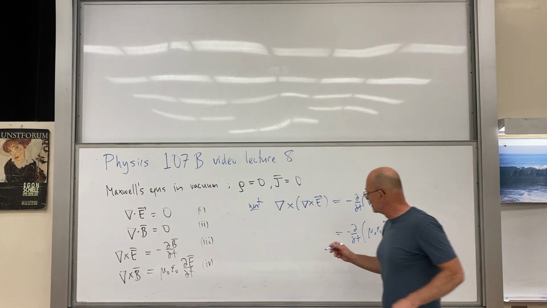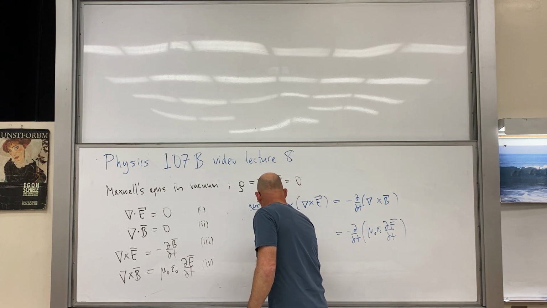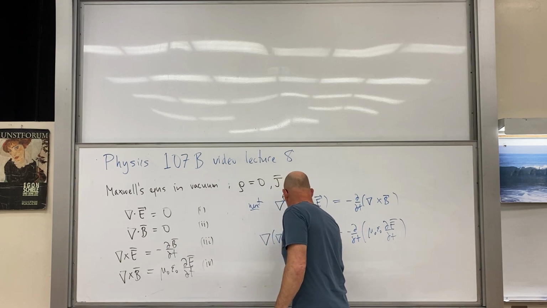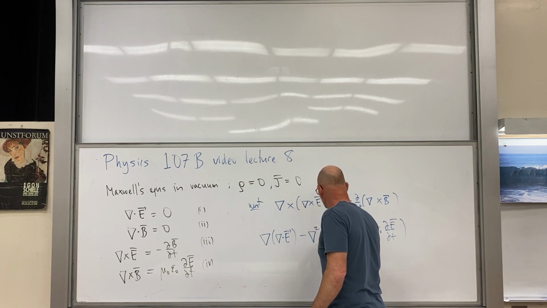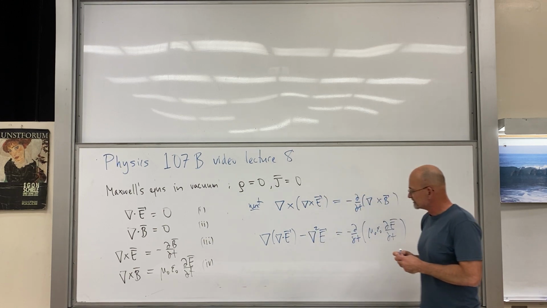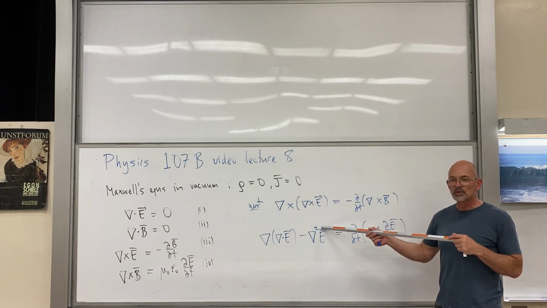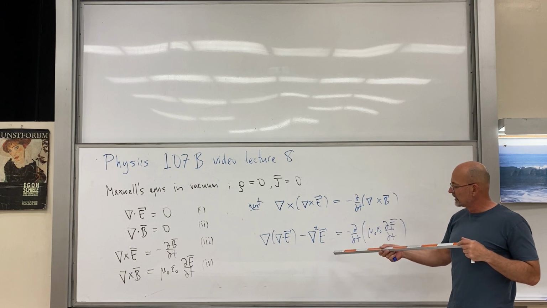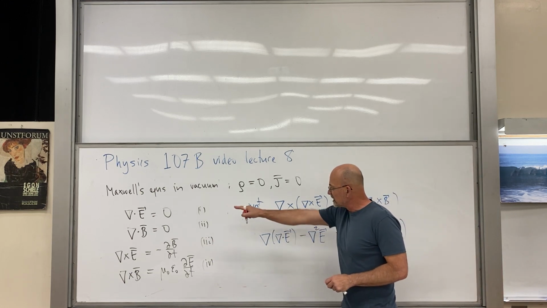Curl of the curl, that would be the gradient of the divergence minus del squared of the field. That's just an identity. That's del squared of each individual component of the field. And now we see we have divergence of E vanishing.